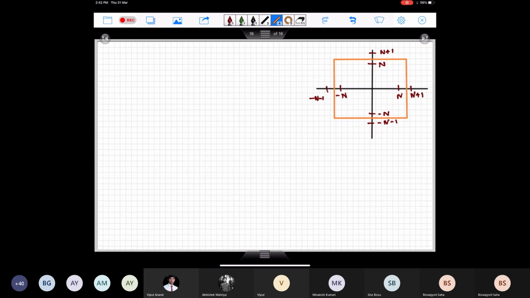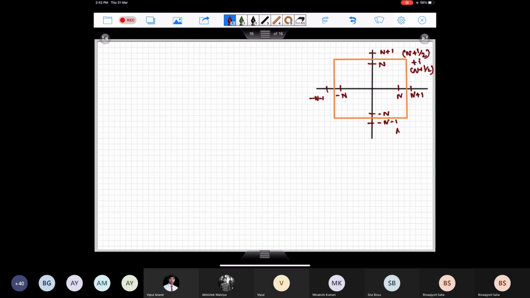Yeah, so that's the contour. It's kind of going through the middle. For example, if I have to write down the points, this point is n plus half plus i times n plus half.